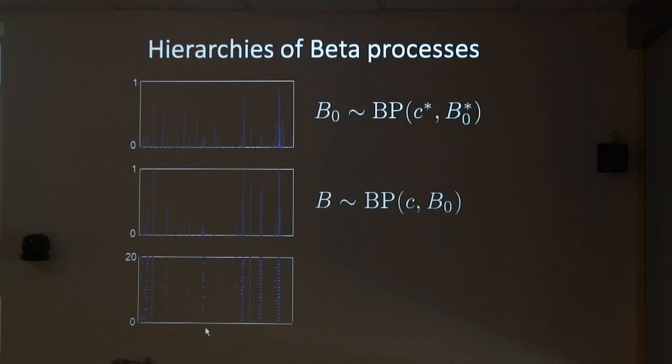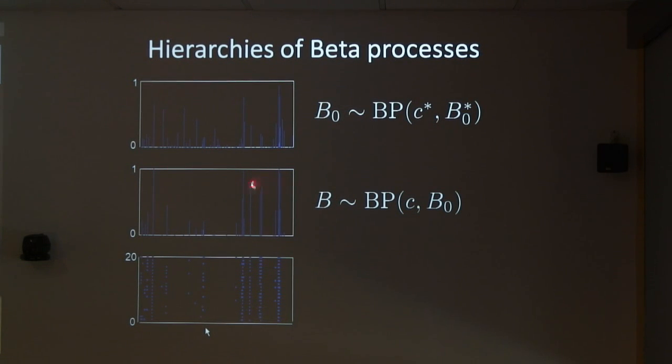So a hierarchy of beta processes is where you have a beta process B whose base measure is drawn itself from a beta process. What that means is that the top level beta process is going to have this bunch of atoms at random locations.